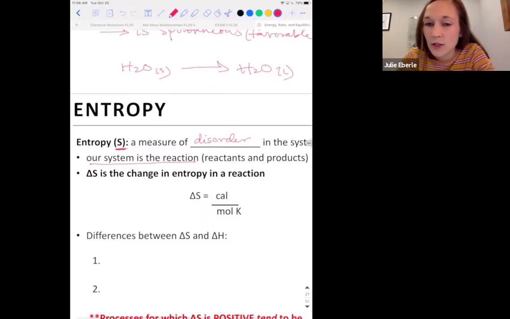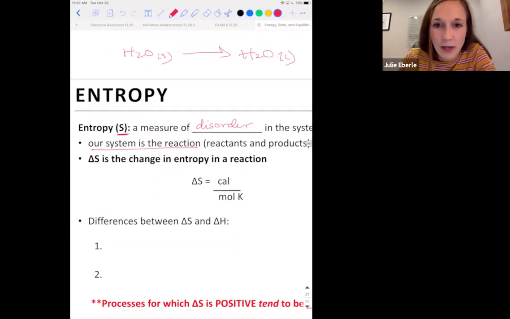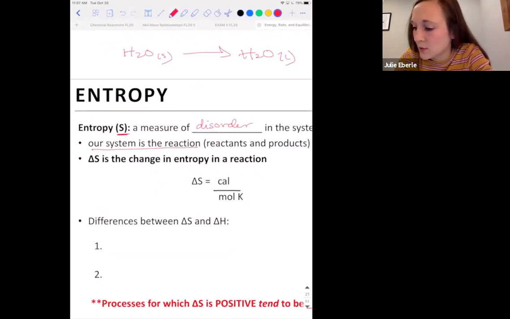Now here are the units for delta S, and I want to look at these for just a second. Delta S has units of calories, which we know calories are units for energy, calories and joules, per mole Kelvin. So we've got 2 units on the bottom, calories per mole Kelvin. What are the differences between the units for delta S and delta H?